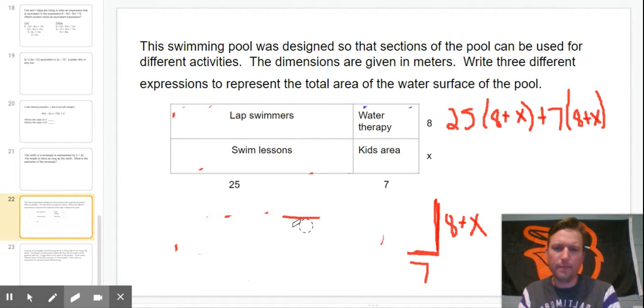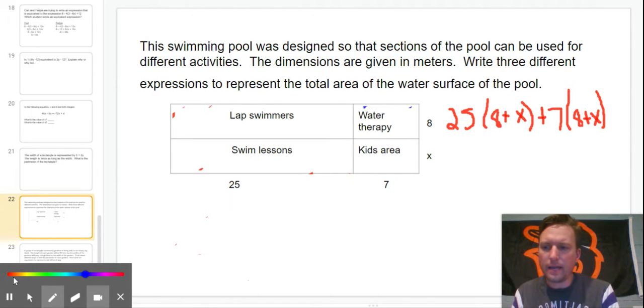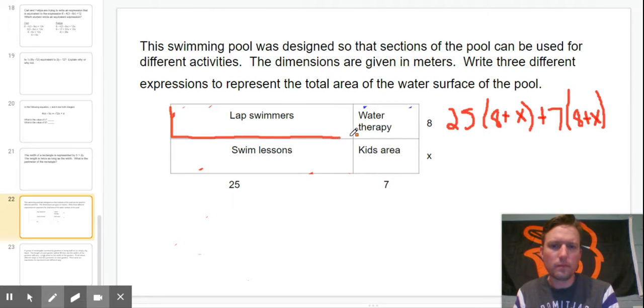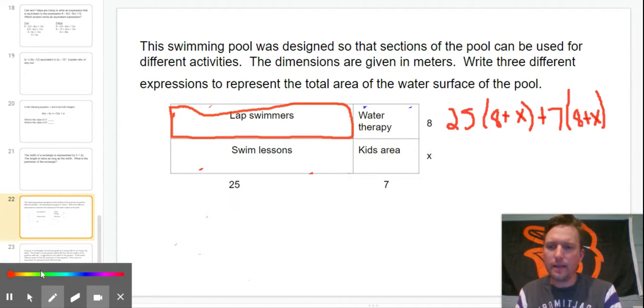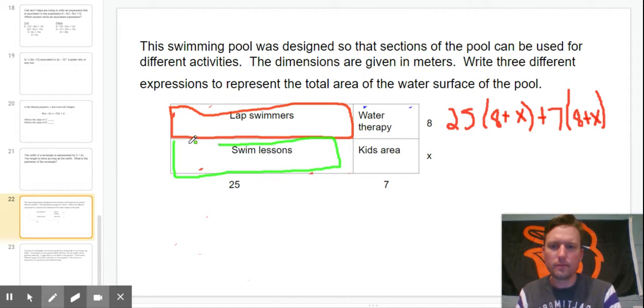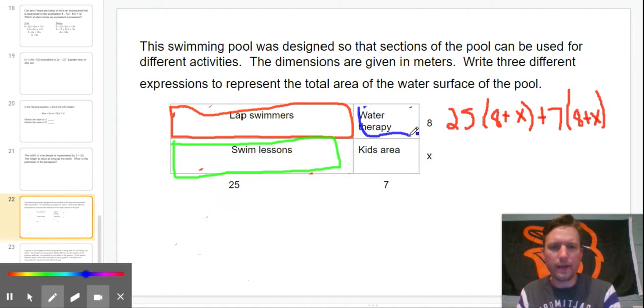I'm going to get 4 different colors here in just a second. I can take this pool, the lap swimmers, and the swim lessons, and the water therapy, and the kids area.